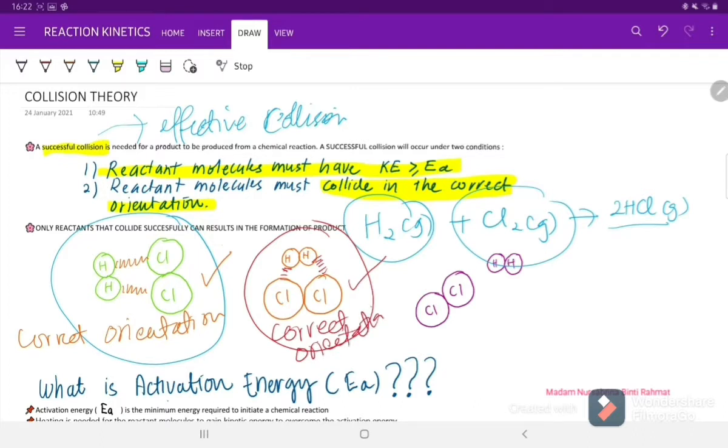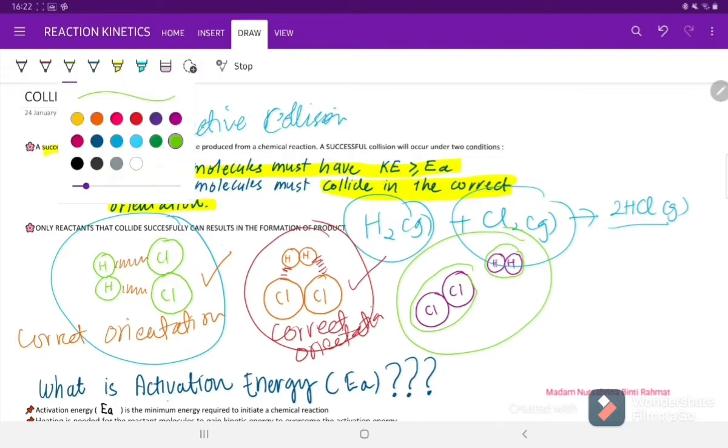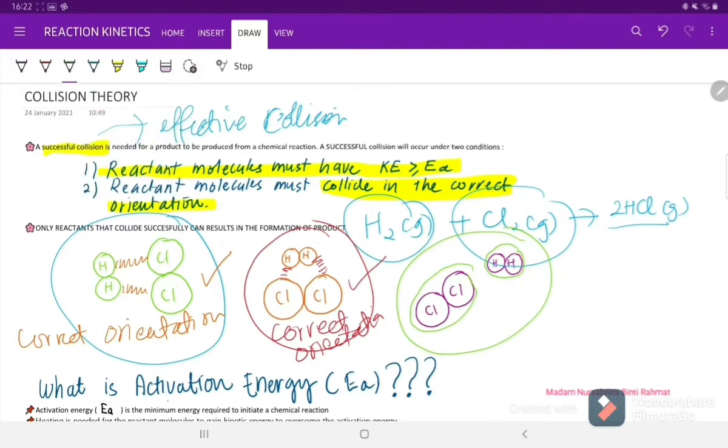What about the third one? Here this is my hydrogen molecule and this is my chlorine molecule. When I allow these two molecules to collide with each other, only one hydrogen atom is colliding with one of the chlorine atoms from the chlorine molecule.